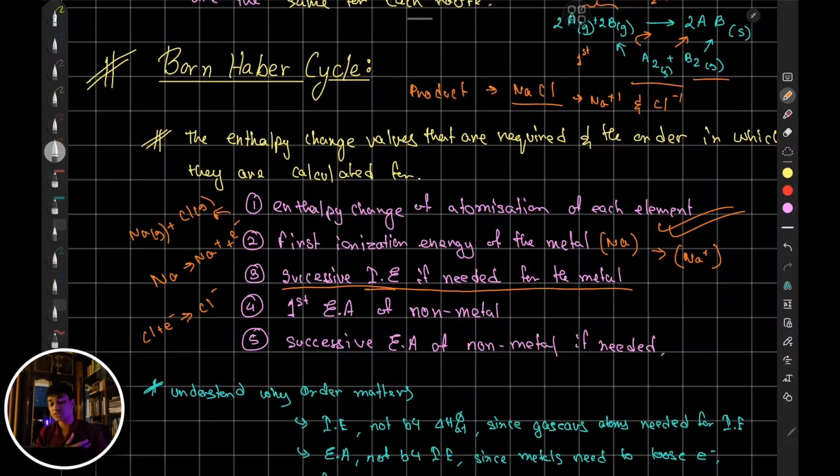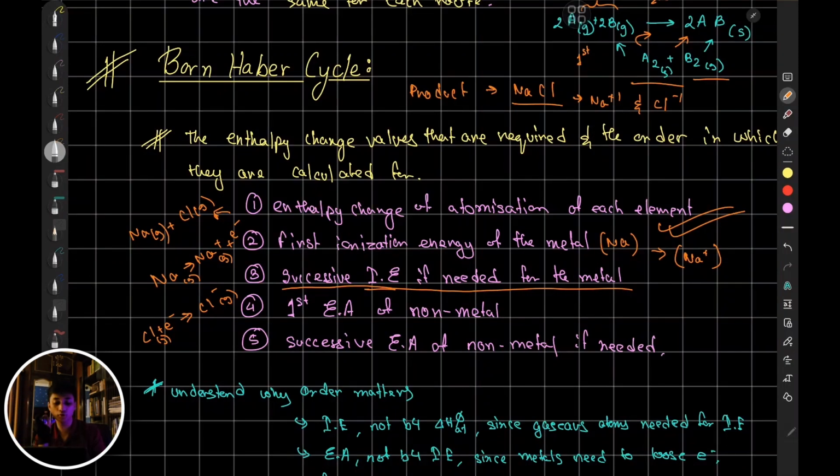Remember, all of these are gases, so don't forget to write the state symbol. All of these are going to be gases. So write the state symbols as well when drawing the Born-Haber cycle. So we have turned the chlorine atom into a chloride ion. This is the fourth step or the third step, depending on which compound you're working with.